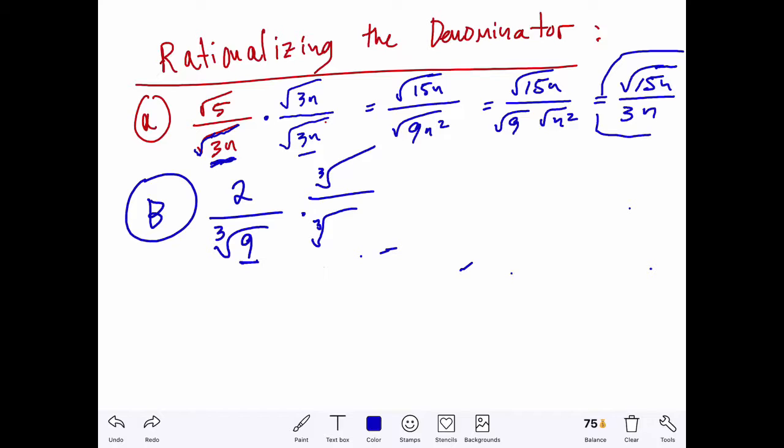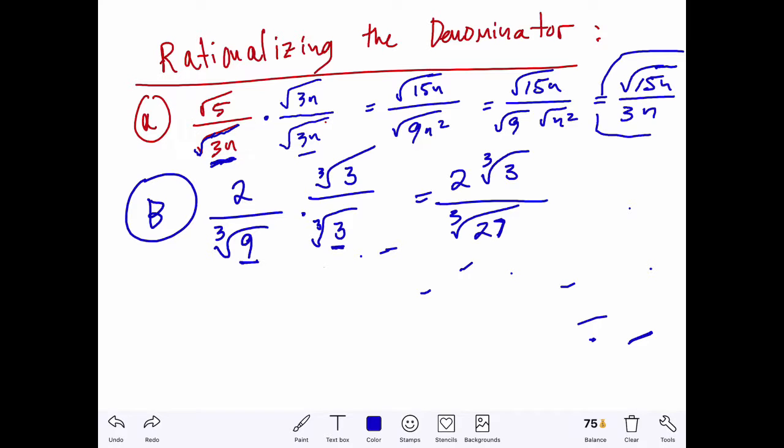Well, if I multiply by the cube root of 3, and then if I do the same thing in the numerator, then I'm left with 2 times the cube root of 3 upstairs. And then I'm left with the cube root, say, of 27 downstairs. Well, why did I pick 3? Well, when I multiplied 9 and 3 and got 27, 27's a perfect cube here.